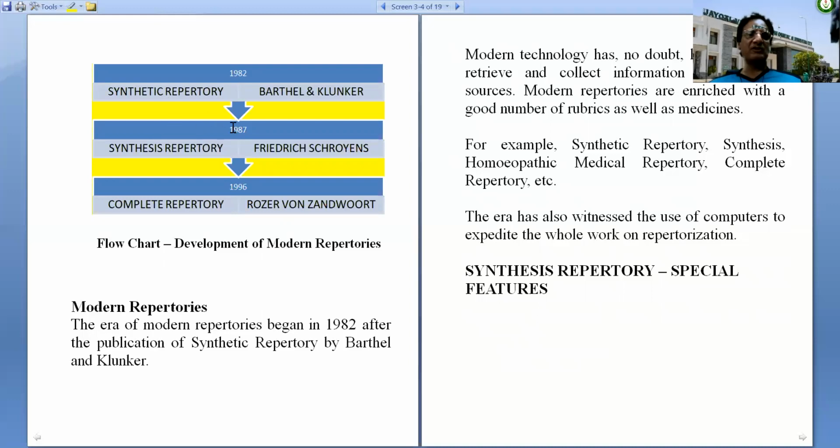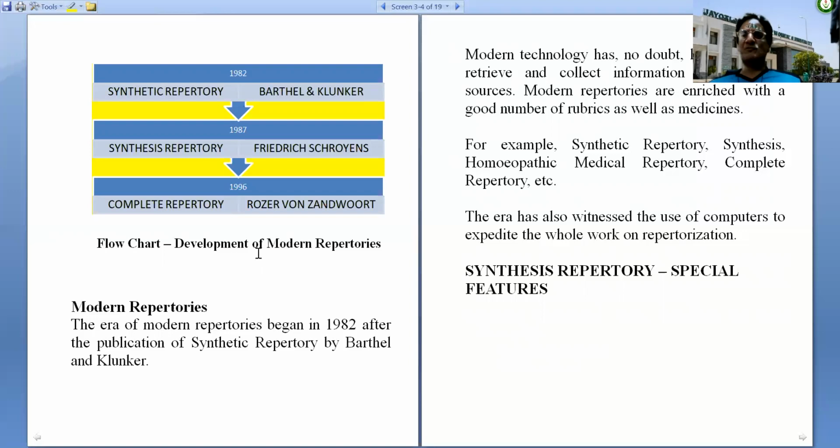Thereafter, in 1987, the 5th edition of synthesis was published by Frederick Schroyens, and in 1996, again a big success in the history of homeopathy, the complete repertory, was published by Roger van Zandvoort. This is the flowchart of development of modern repertories.